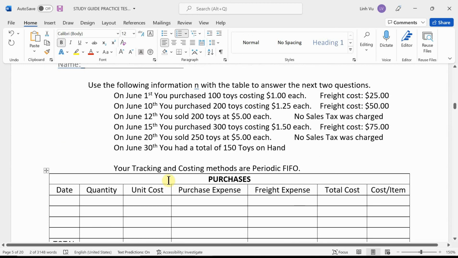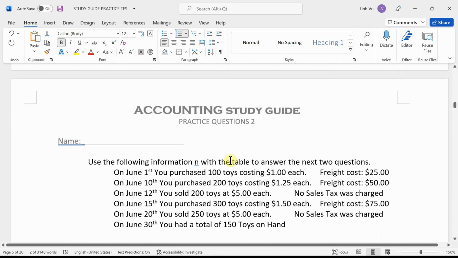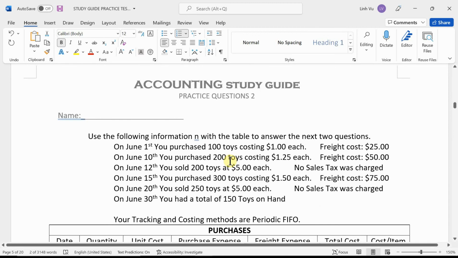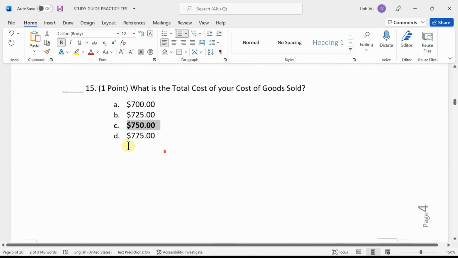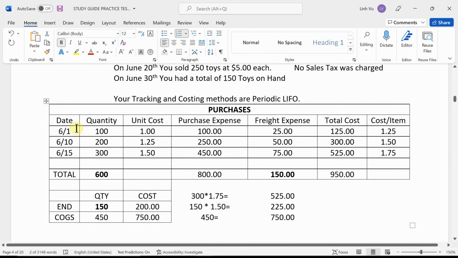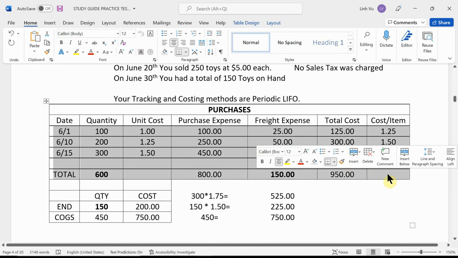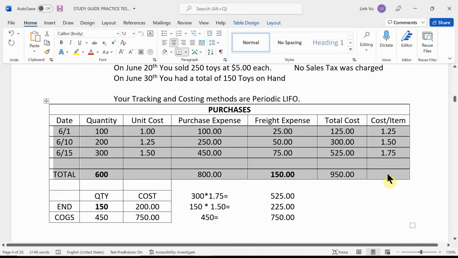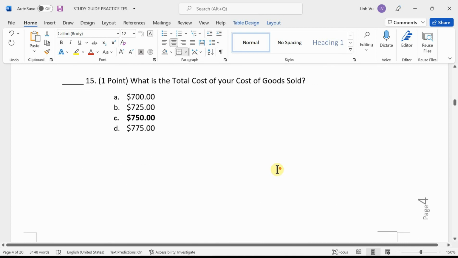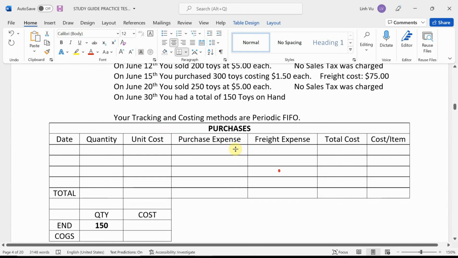So here's the same exact thing, except this time you have periodic FIFO. This is going to be the exact same chart, so I'm just going to copy this over. The only difference is how you calculate the cost, right?